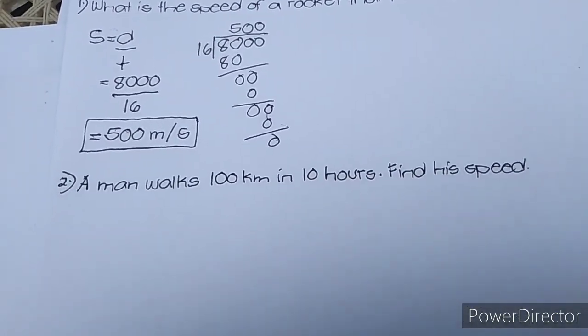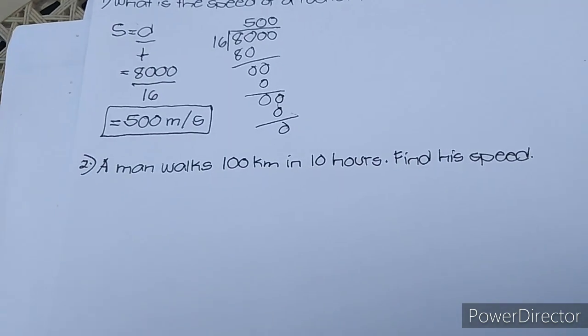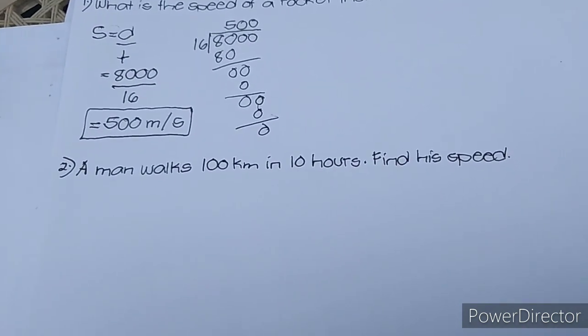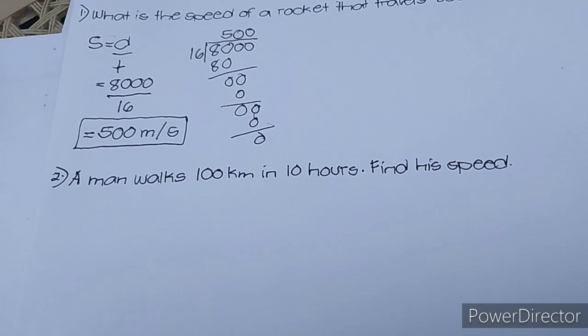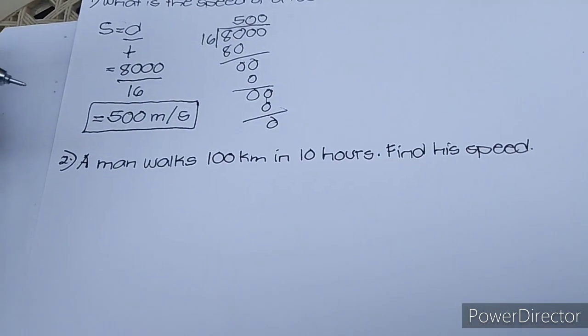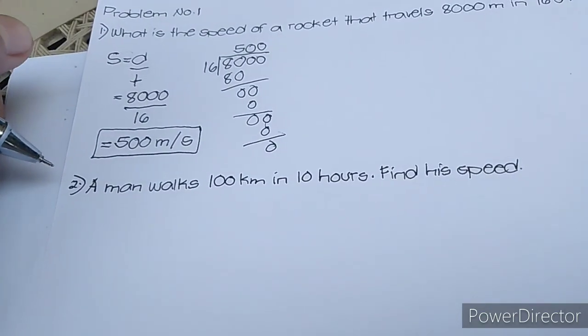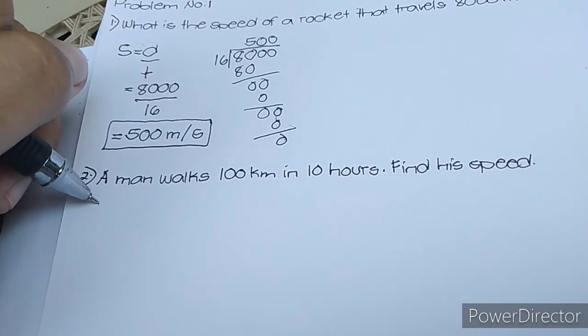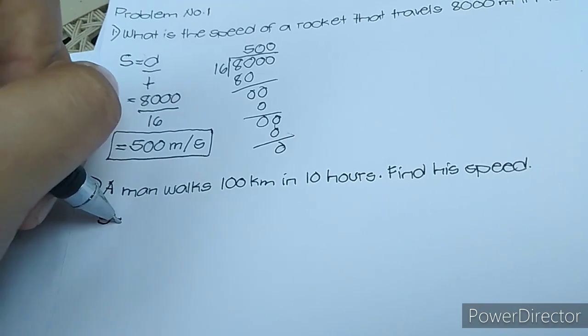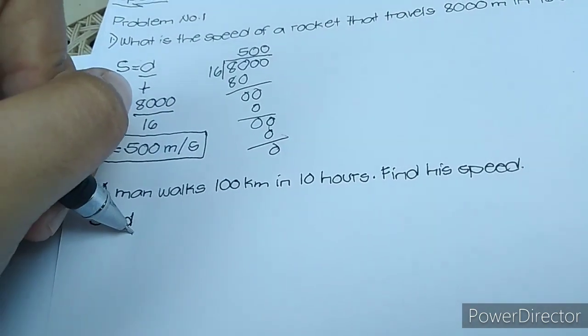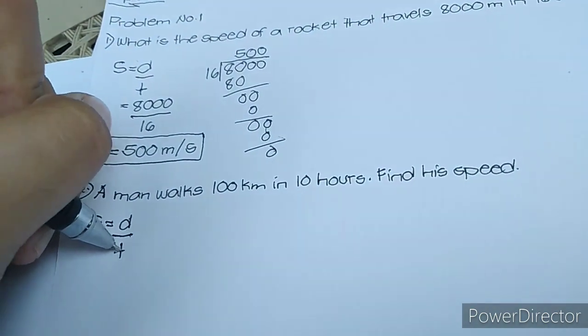Problem number 2. A man walks 100 km in 10 hours. Find his speed. The formula in answering this question is the same as in number 1. Speed equals distance divided by time.